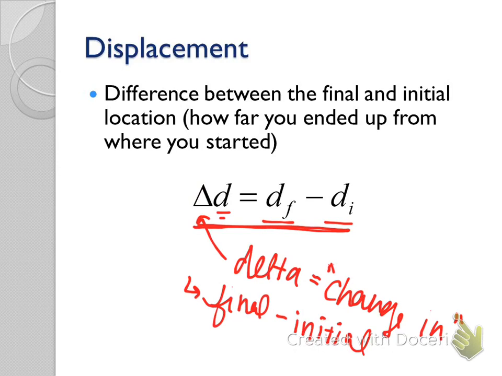So these little subscripts here, f and i, will always stand for final and initial. Okay, and we'll use those subscripts on a lot of different variables. We'll use them with velocity and acceleration and all that kind of stuff. But we're going to use those throughout the whole rest of our year as final and initial subscripts. So pay attention to those, okay?